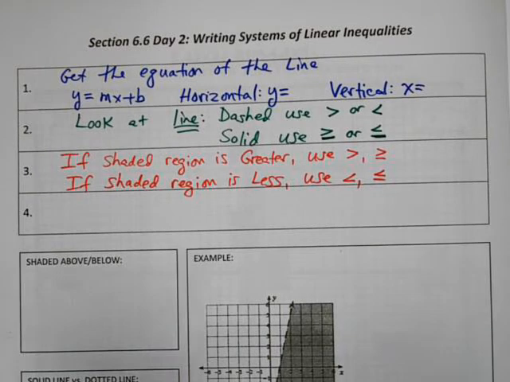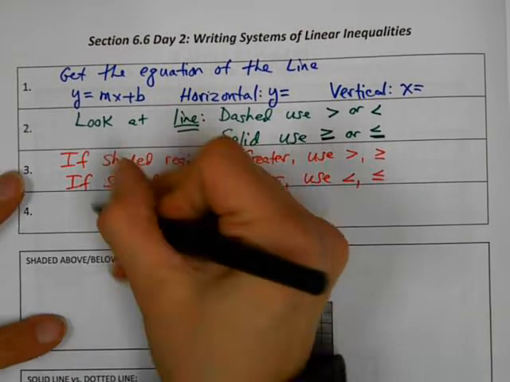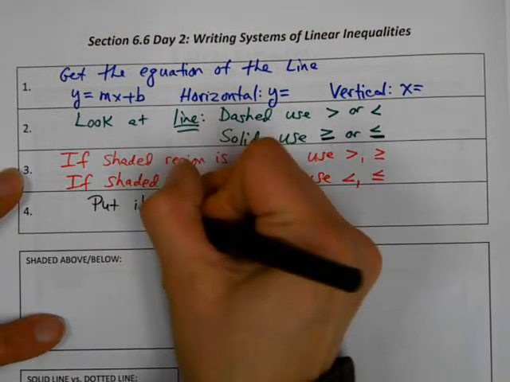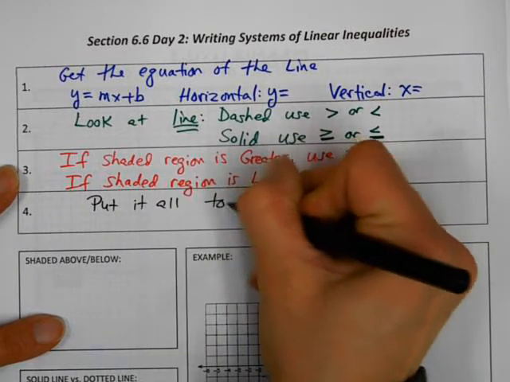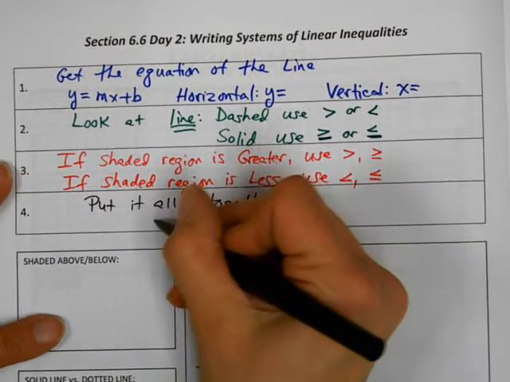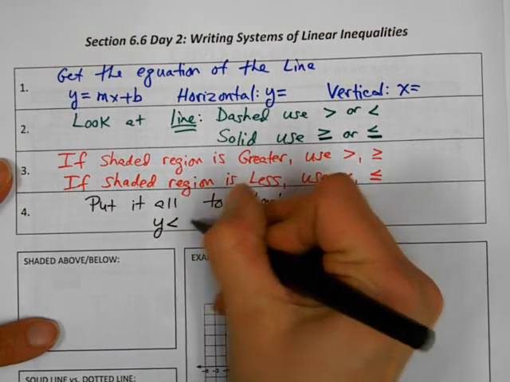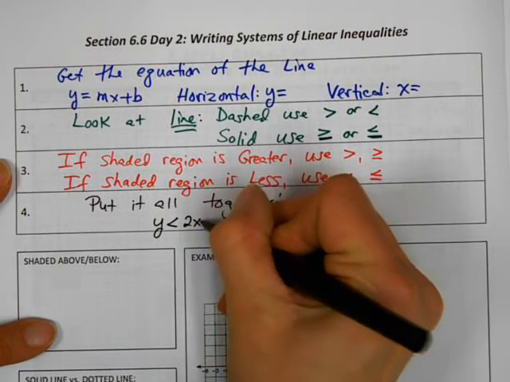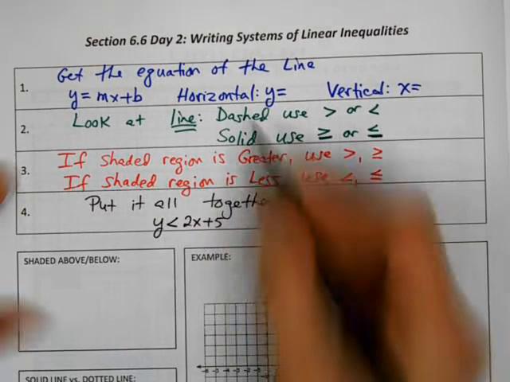And then the last thing to do is put it all together. So then you're going to have y is less than 2x plus 5. Put all your ideas together.